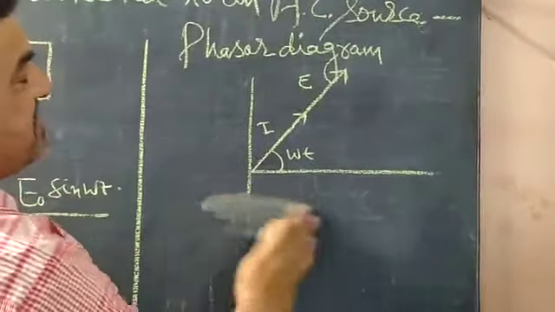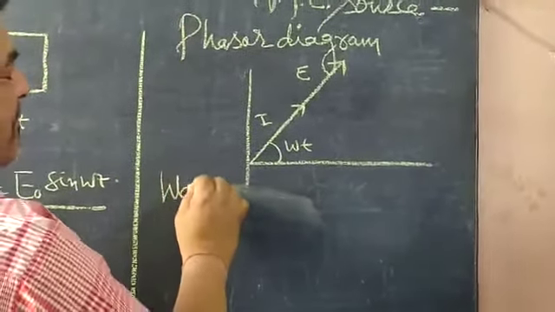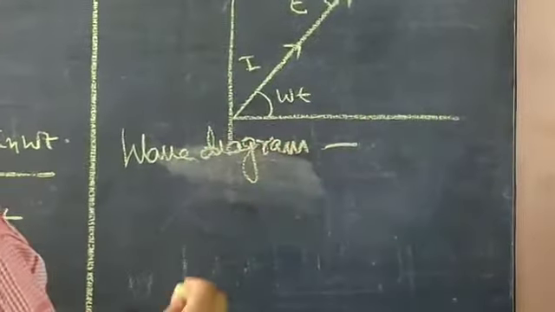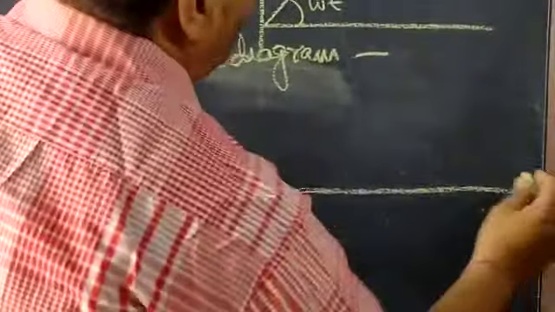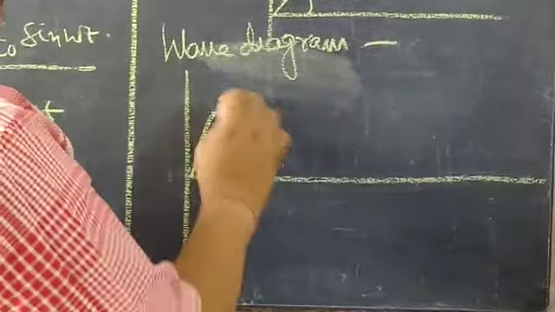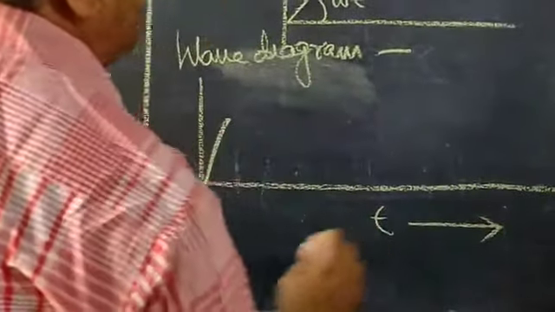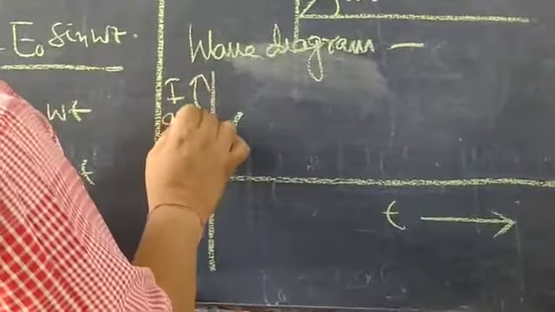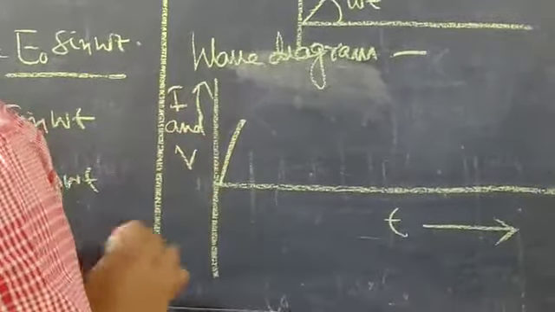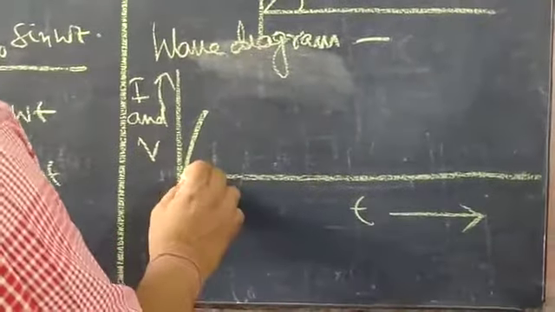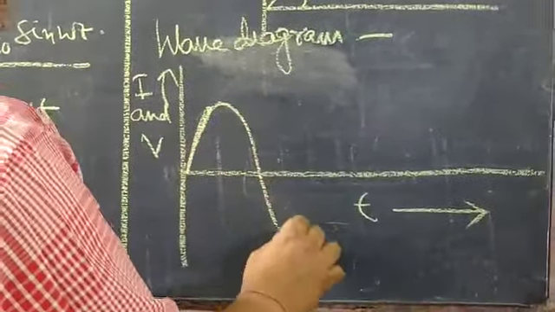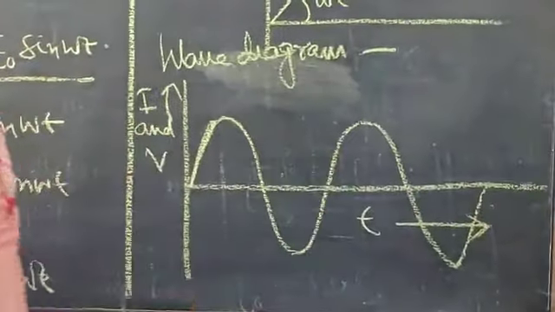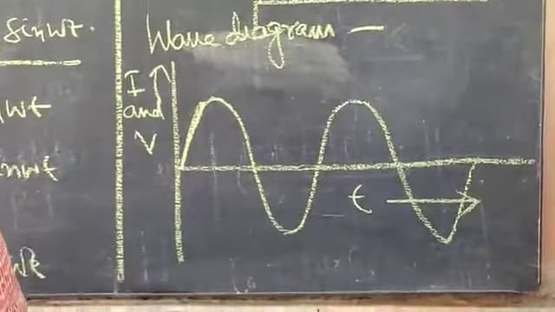Now if we discuss the wave diagram, here on this axis we are taking t, I and V. So if current is going like this, then voltage will be in the same phase with the current.